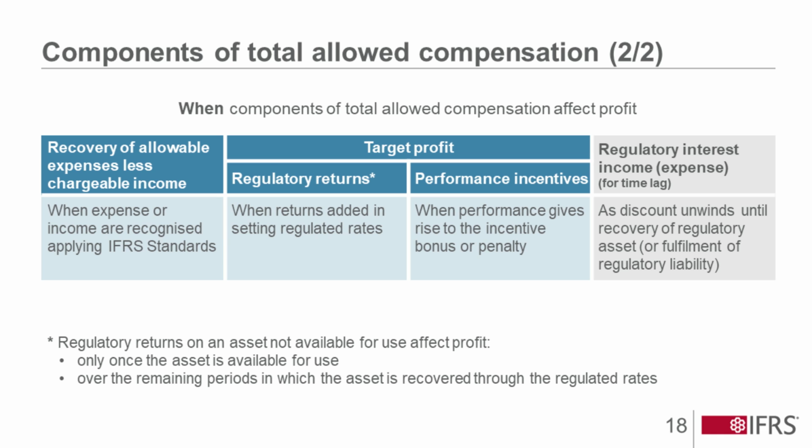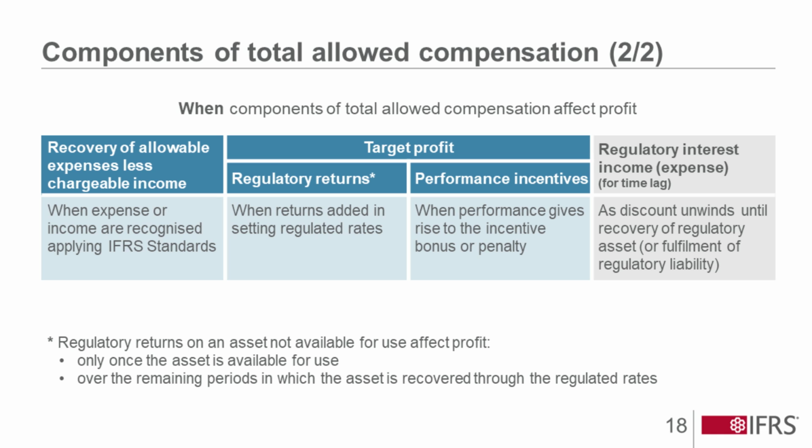In this case, the exposure draft proposes that any returns on an asset that is not yet available for use charged during the construction period form part of the total allowed compensation for the goods or services supplied not during the construction period, but once the asset is available for use. The board concluded this way because during the construction period, the entity is not yet supplying goods or services with that asset.